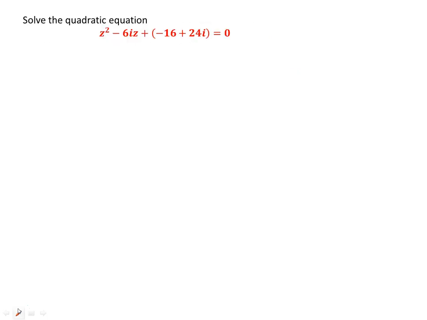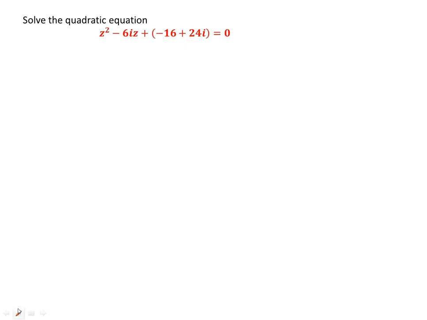Moving on, let's now try and solve a quadratic equation. So we've got the quadratic equation with complex coefficients: z squared minus 6i times z plus minus 16 plus 24i must equal 0. It's not easy to factorise this as a quadratic equation, but we could use our quadratic equation formula.